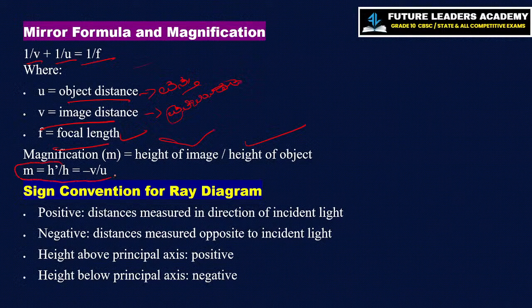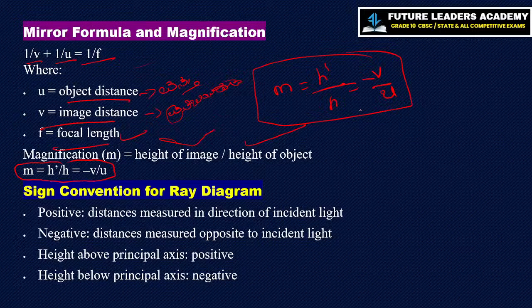M is equal to H dash divided by H, that is equal to minus V by U. This is the complete formula for the magnification in the mirrors. Then the mirror formula is 1 by V plus 1 by U is equal to 1 by F. Got it?